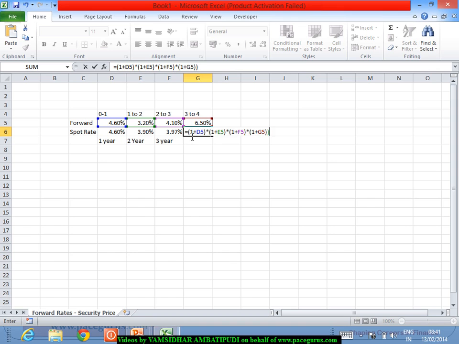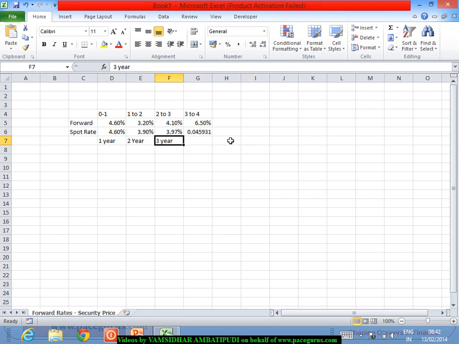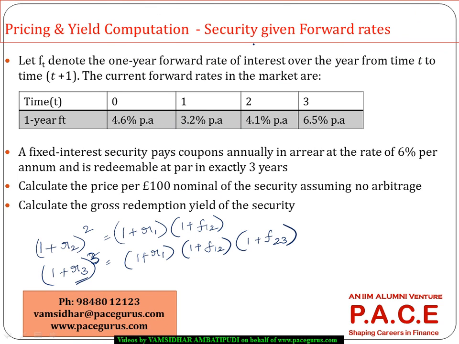This entire thing I raise to the power of 1 by 4 this time, minus 1. So making it 4.59% as the 4-year spot rate. Okay, so from the forward rates, I can compute the spot rates.